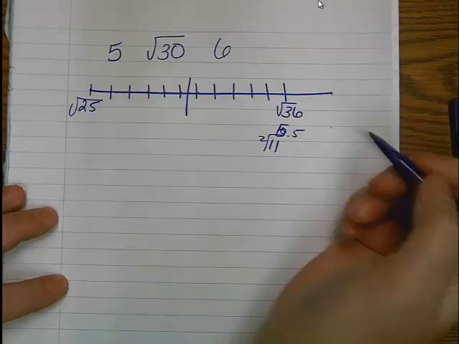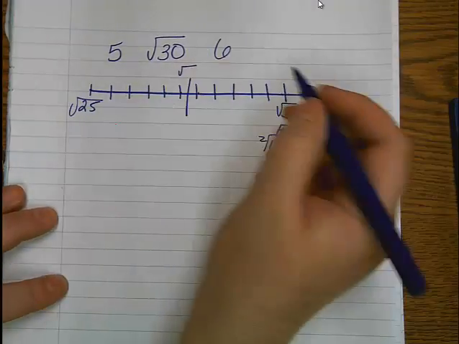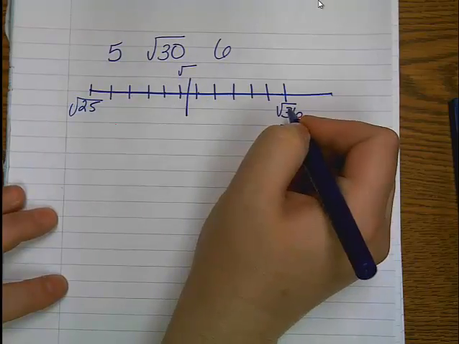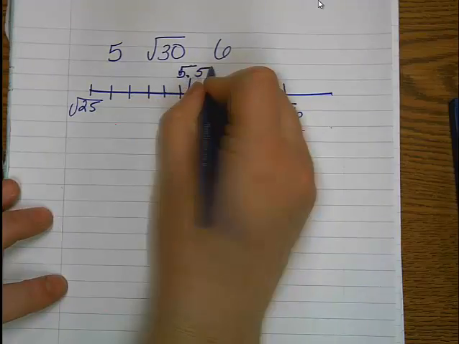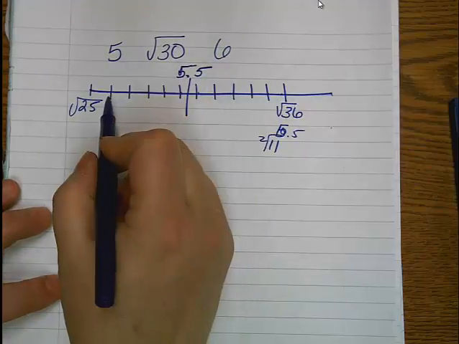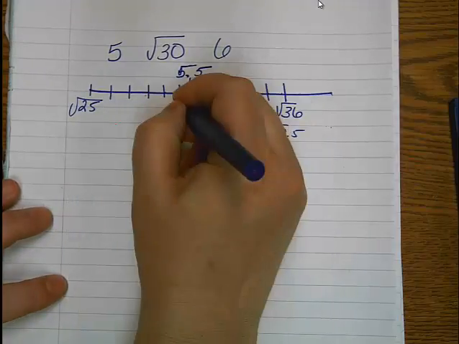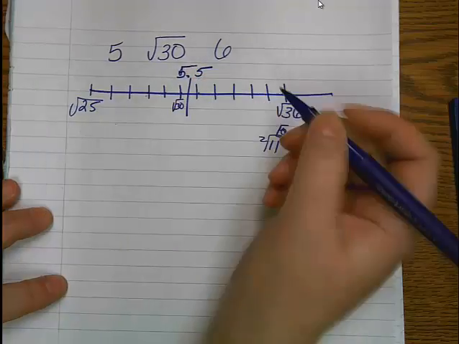So here is halfway between 25 and 36. Let's see where 30 is. 26, 27, 28, 29, 30. So this is where the square root of 30 is.